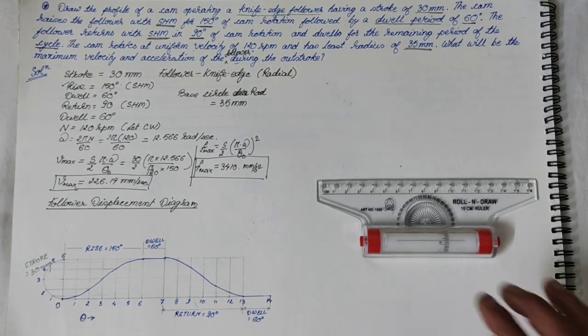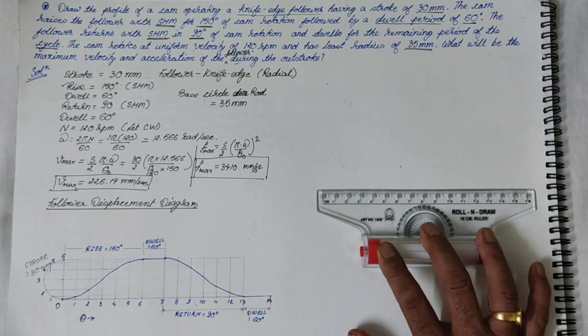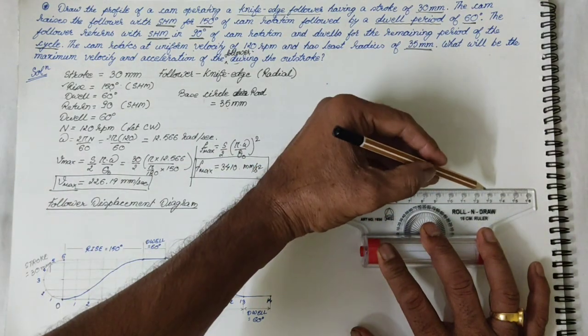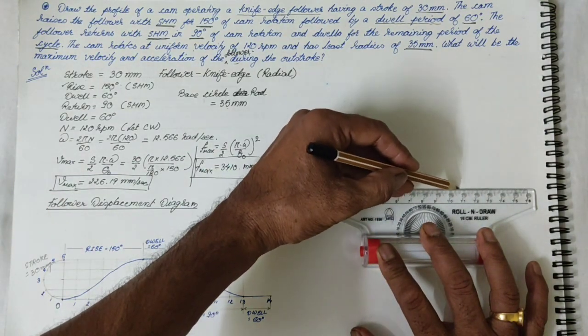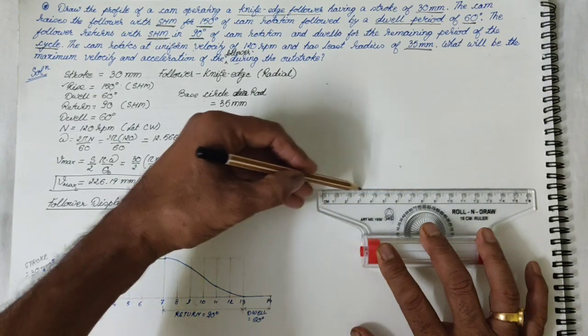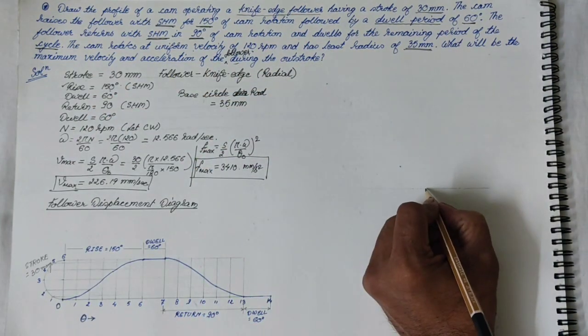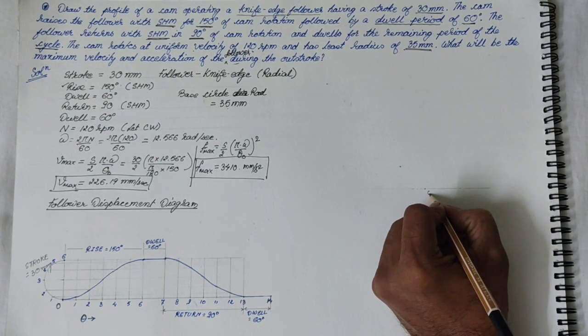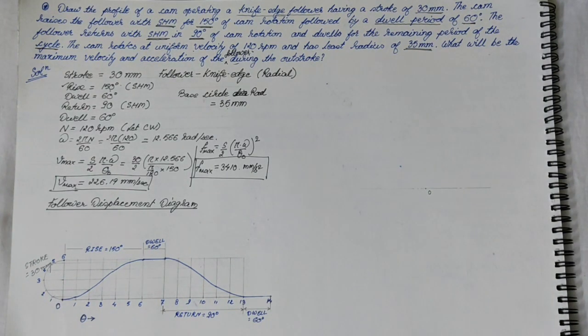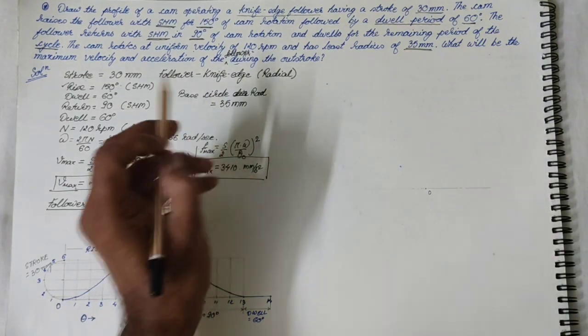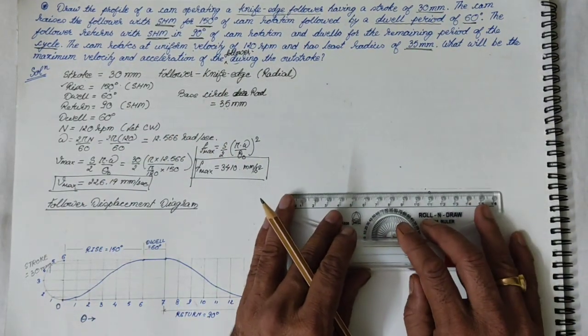For the cam profile, first we locate a center. Let this be an axis line. I mark one point and name this point O, the center of rotation of the cam. The base circle radius is given to me as 35 mm.